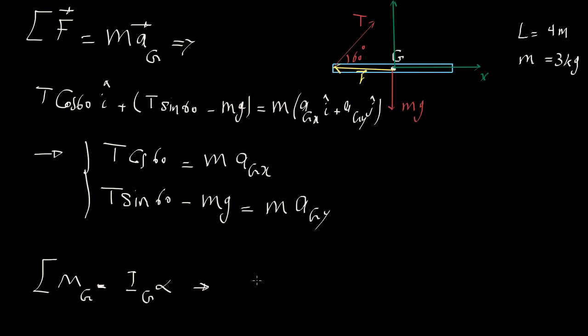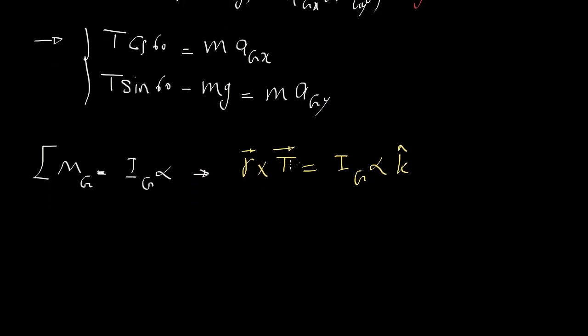So here I would say that R cross T would be I_G alpha, and we know that this is always in the k direction for a 2D kinetics problem. So this is the vector notation. Let's calculate this.